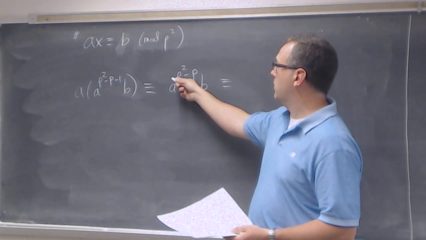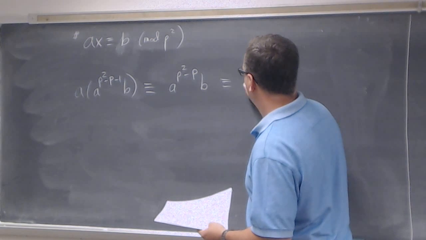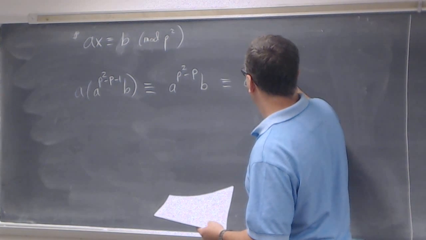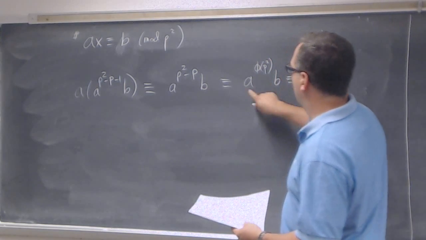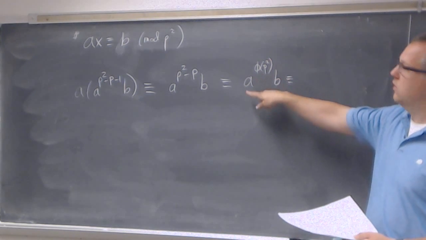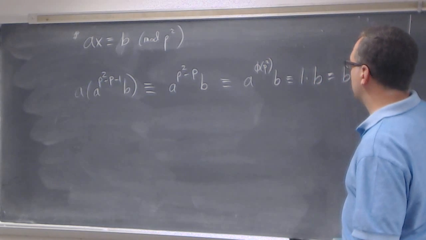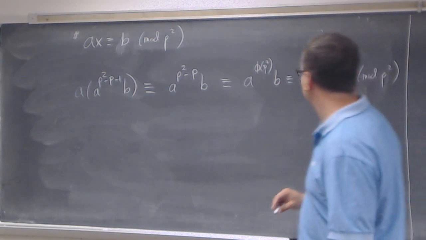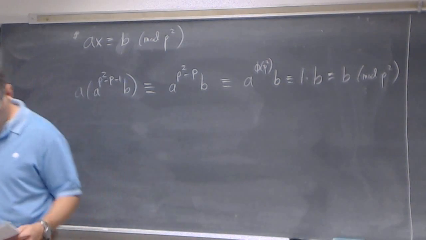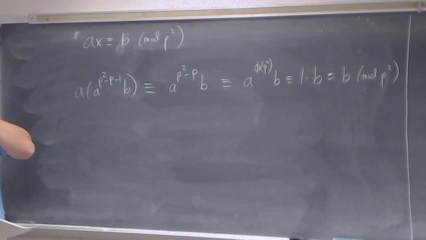So a to the p squared minus p, that is phi of p squared. So a to the phi of p squared is 1. So this is b. Therefore this is the solution.